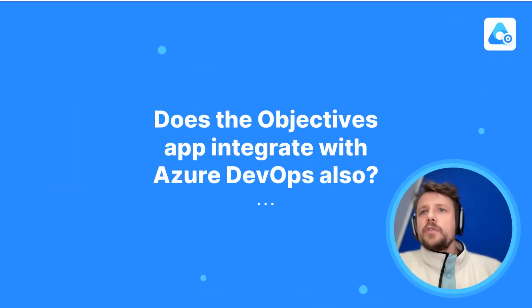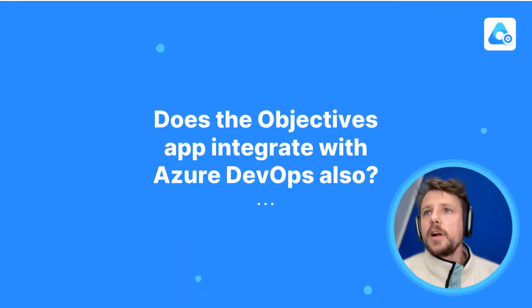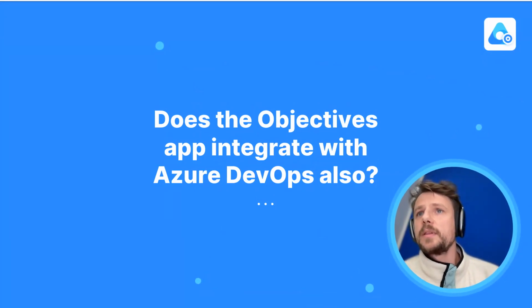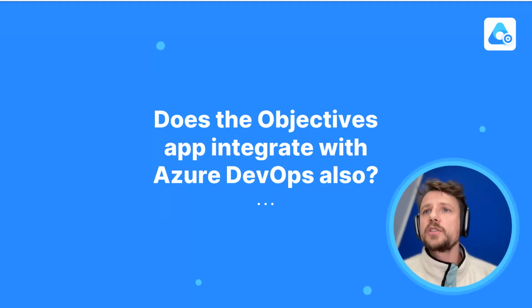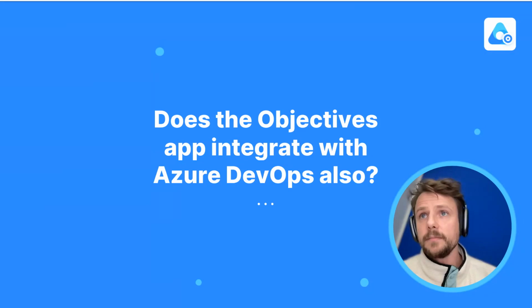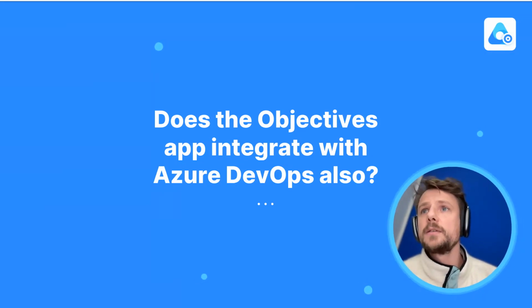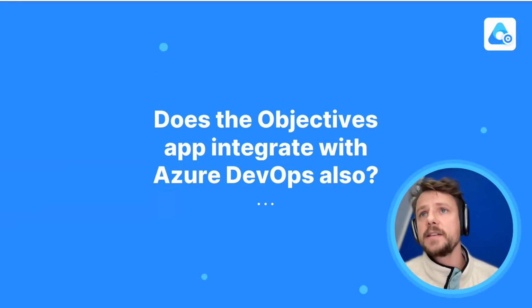Does the Objectives app integrate with Azure DevOps also? So airfocus 100% integrates with Azure DevOps. We have put a lot of work into the Azure DevOps integration, where we allow you to flexibly connect your Azure DevOps epics with airfocus items.